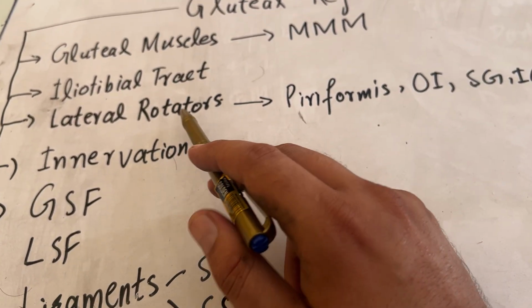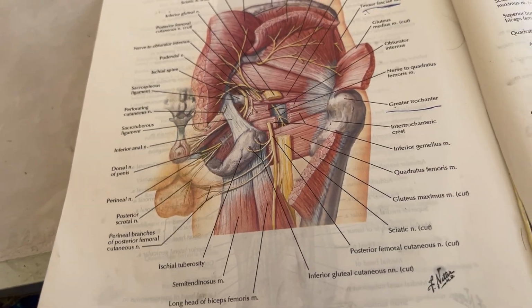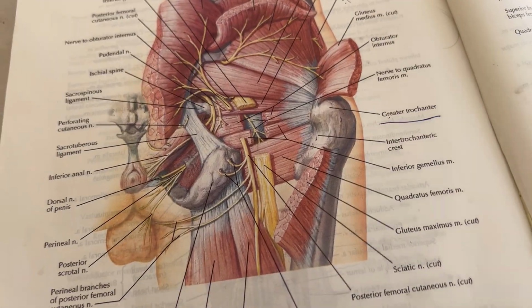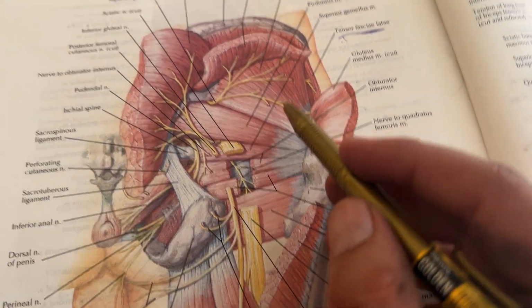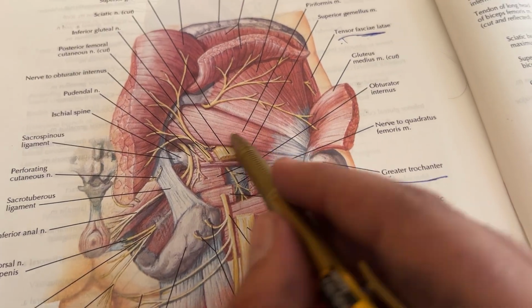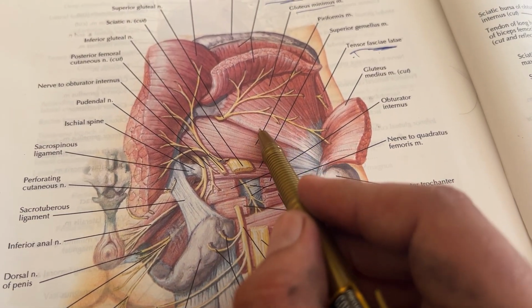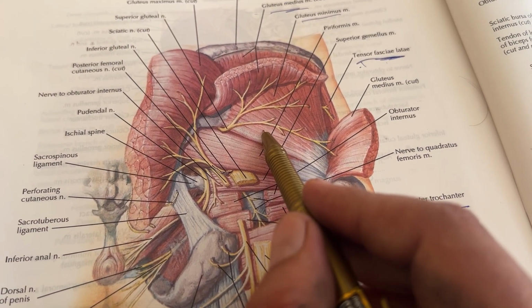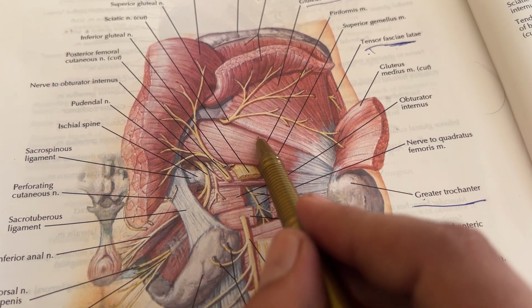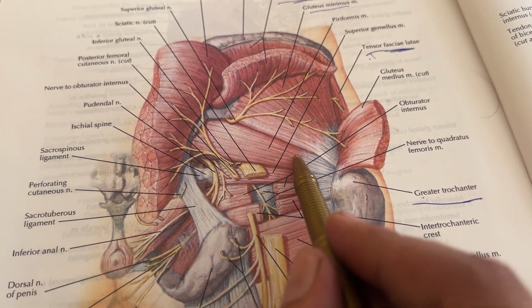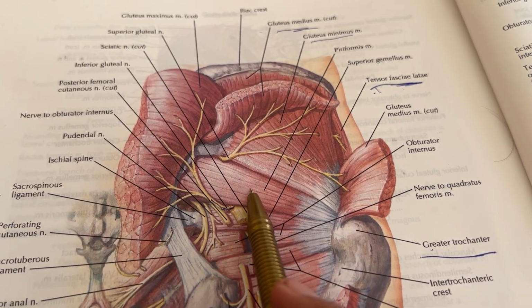Now we will talk about the lateral rotators of the thigh or hip. The first one, below the gluteus minimus, you can see this muscle. This is piriformis.